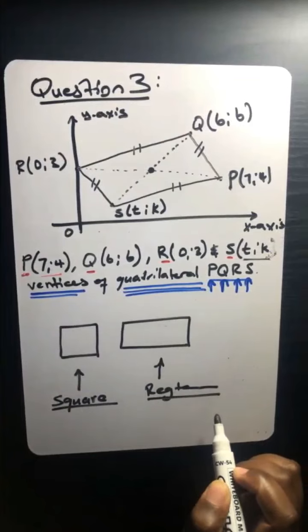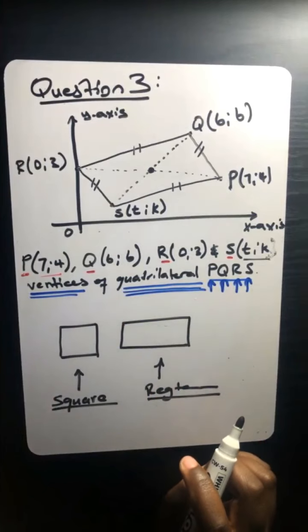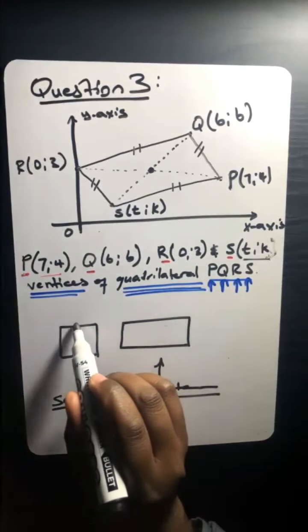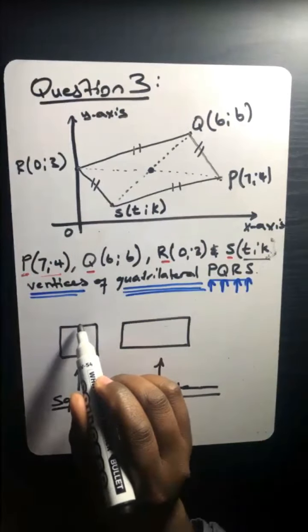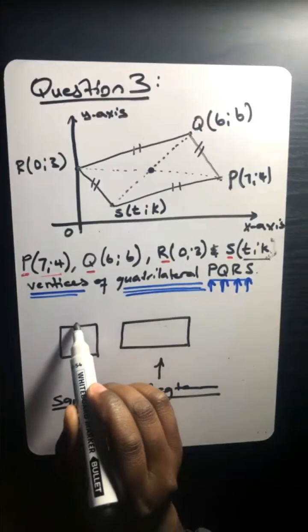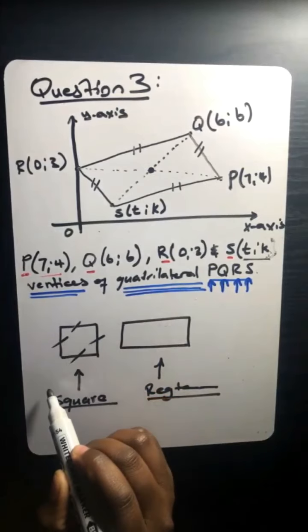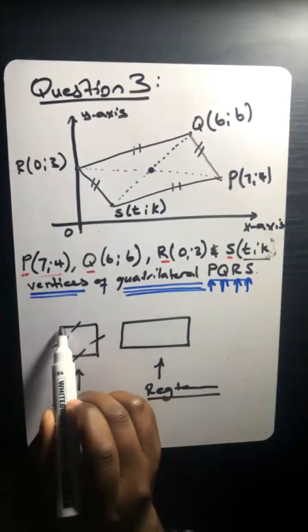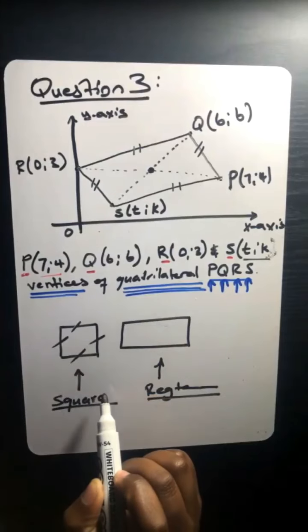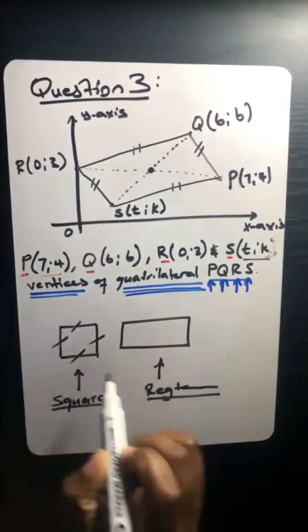But first things first, you just need to be aware that this is a quadrilateral. Why is it a quadrilateral? Because you've got parallel lines, and again 2 sides are equal. If it's a square, this side is equal to that, equal to that, equal to that. And again, the gradient of that line should be equal to the gradient of that line. Most importantly, these 2 lines are parallel, these 2 lines are parallel.